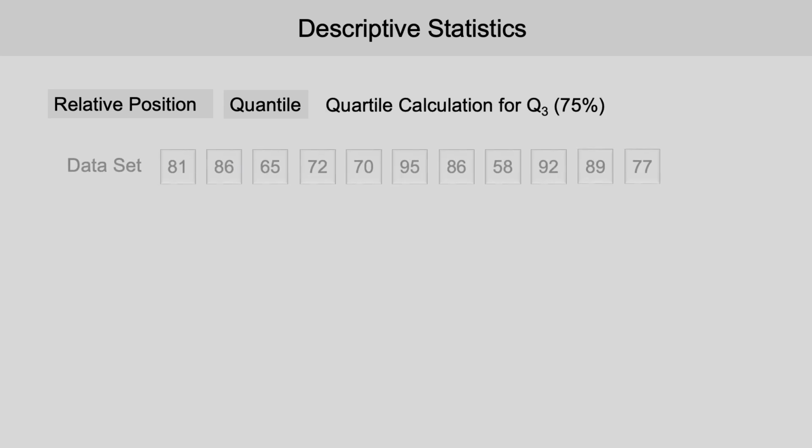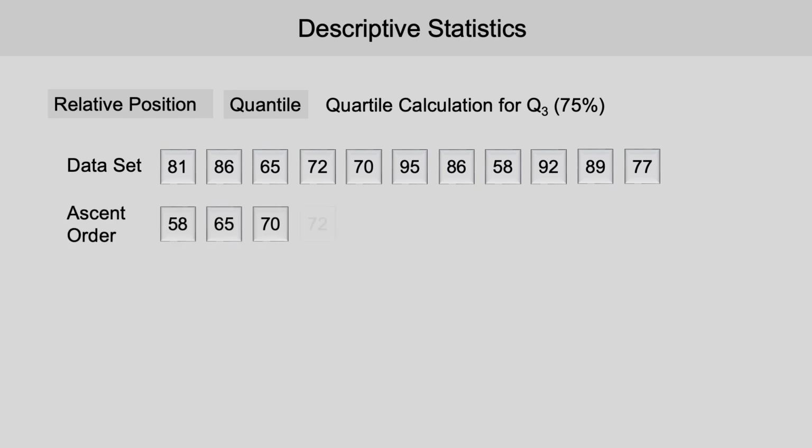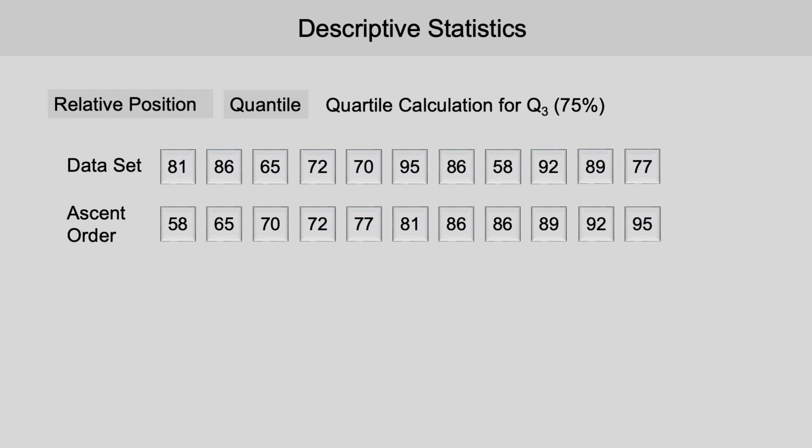We'll now take an example to calculate the third quartile, Q3, of a dataset. This dataset contains 11 values. First, we arrange them in ascending order, and then we calculate the position of Q3 using this formula, p% multiplied by n plus 1, since p% for Q3 is 75% and n is 11.